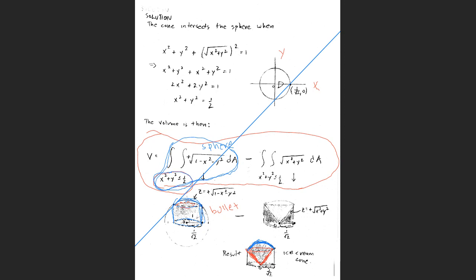Because the top part of the bullet is the sphere, and the bottom part of the bullet is that circle in the xy plane.